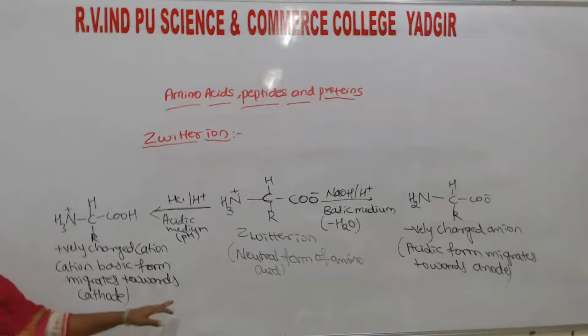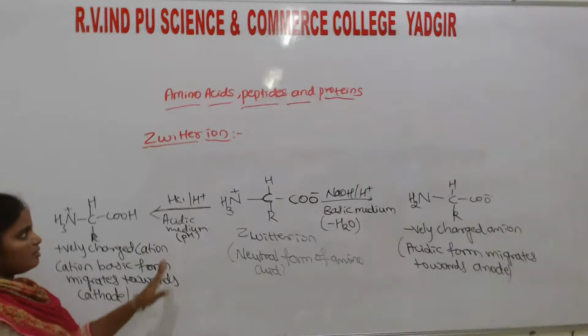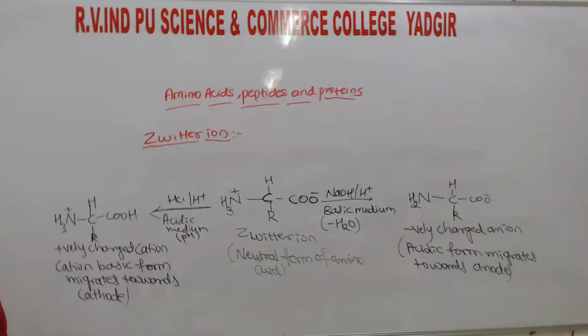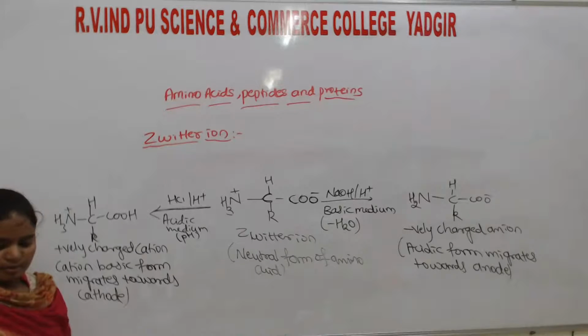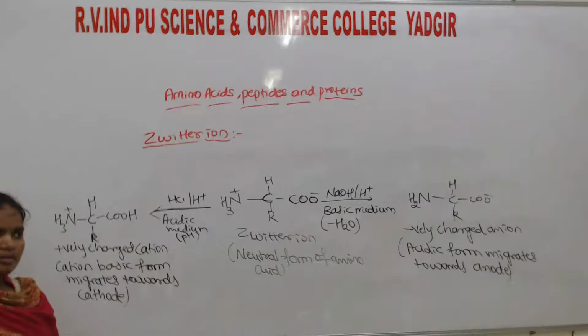This is a reaction of the zwitter ion, depending upon the medium. The neutral form of the amino acid changes to the positively charged basic form in the presence of acidic solution, whereas it changes to the negatively charged acidic form in the presence of basic solution.